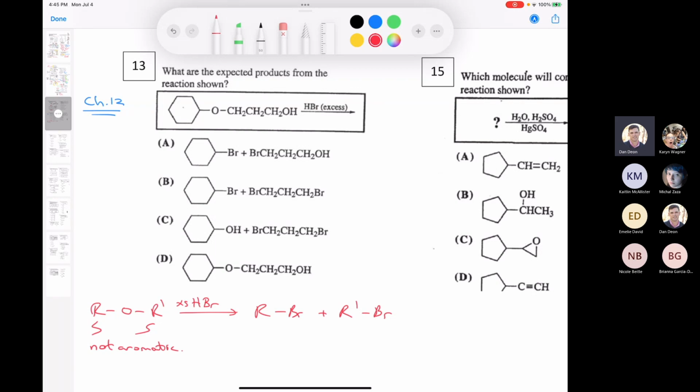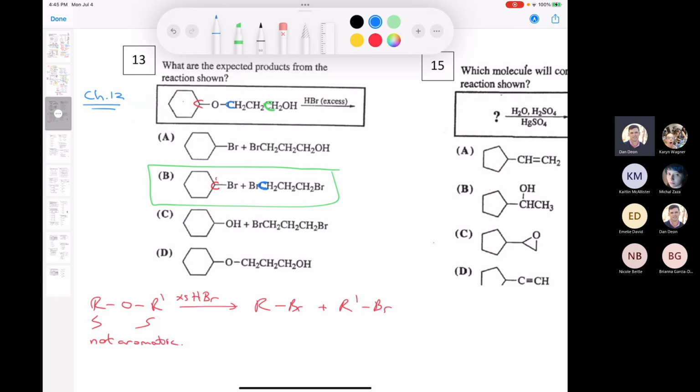Since none of these is an aromatic carbon, all those bonds end up being to bromine. So the answer is B. The red carbon is now bound to a bromine atom, the blue carbon is bound to a bromine atom, and the green carbon is bound to a bromine atom.